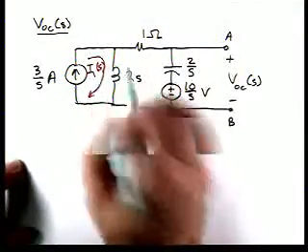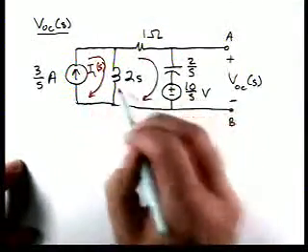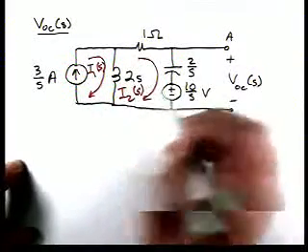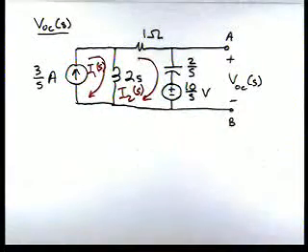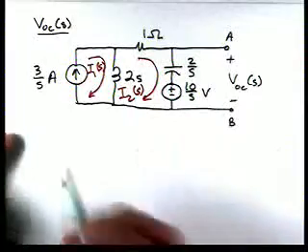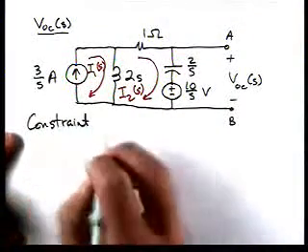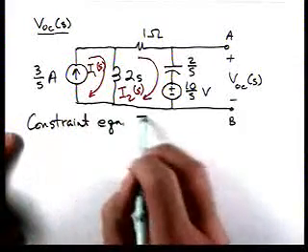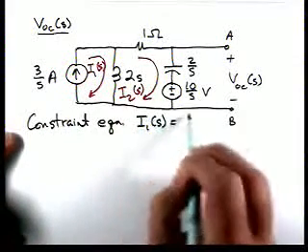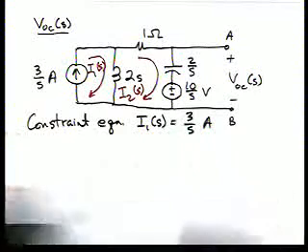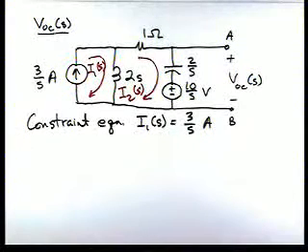I'll call that one I1, this one I2. So we know we have 2 mesh currents, so we're going to need 2 equations, but one of them is a constraint equation, and that's I1 of S is equal to 3 over S amps.